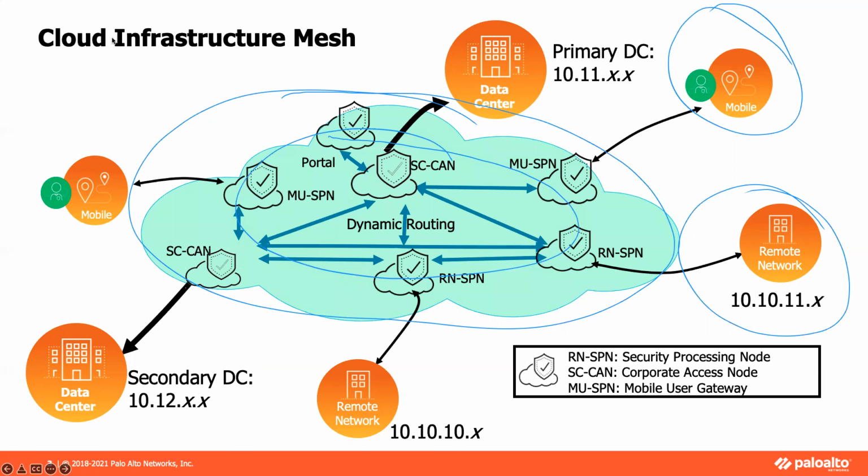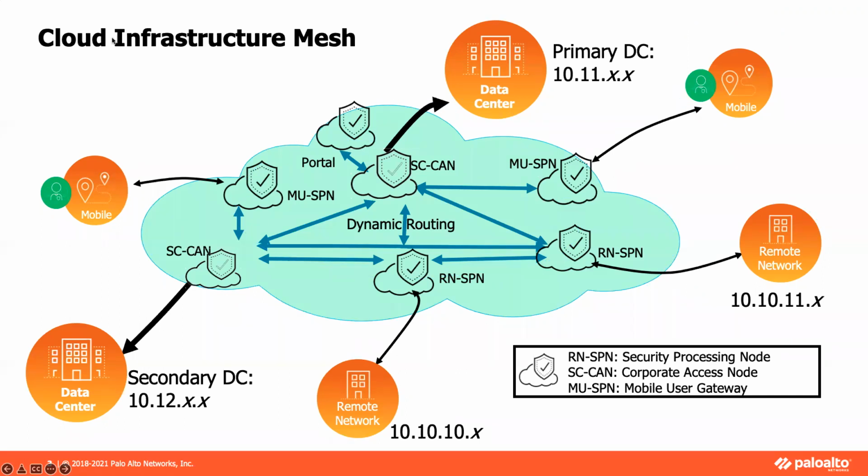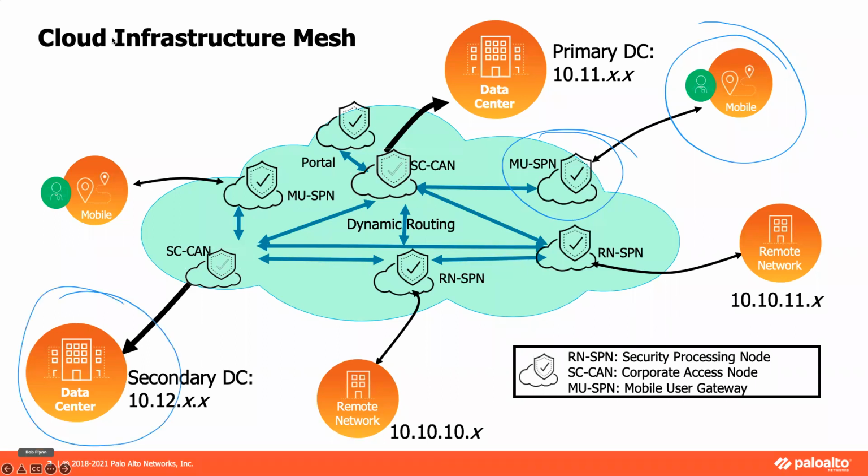So if you have a situation where maybe you have a mobile user connecting to one security processing node that needs to talk to an authentication server in a data center, DNS server, whatever that service might be, we will make sure that the path to get there is the best path, as well as if that mobile user needed to talk to somebody maybe in a remote network.